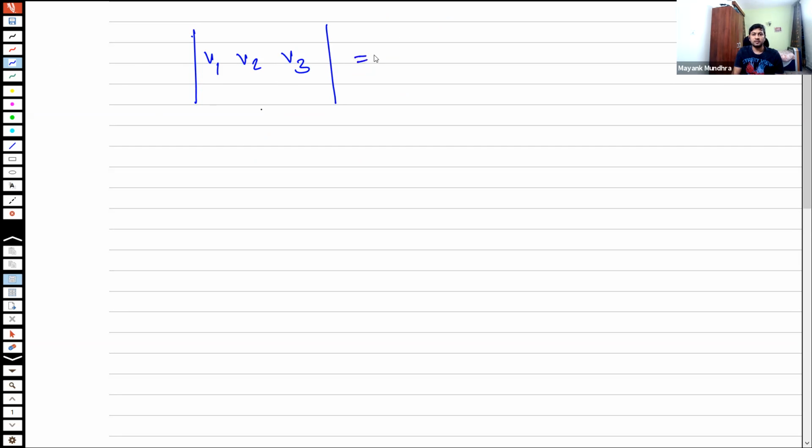Then this determinant will be equal to the determinant of v1, v2 minus v3, and in the middle you can have anything of the format v1 plus alpha v2 plus beta v3. Whatever you have in the middle column can be any linear combination of v2 and v3 added to v1. The determinant remains the same.